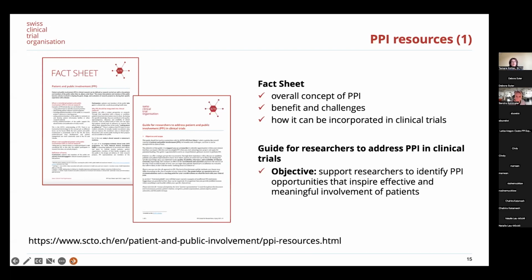We also have a guide for researchers to address PPI in clinical trials. The objective of this document is really to support you to identify PPI opportunities that inspire effective and meaningful involvement of patients.